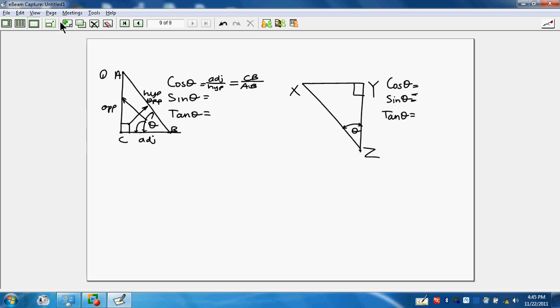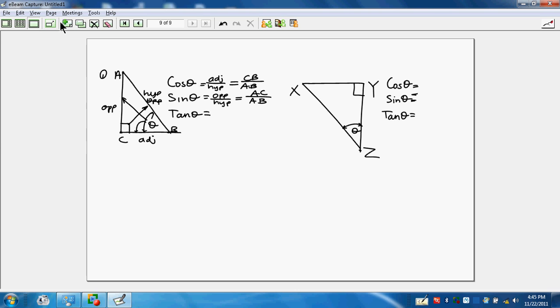Then we could say that sine theta is, from SOHCAHTOA, opposite over hypotenuse. And we could say that sine theta would be AC over AB, because AC was opposite and AB was hypotenuse.